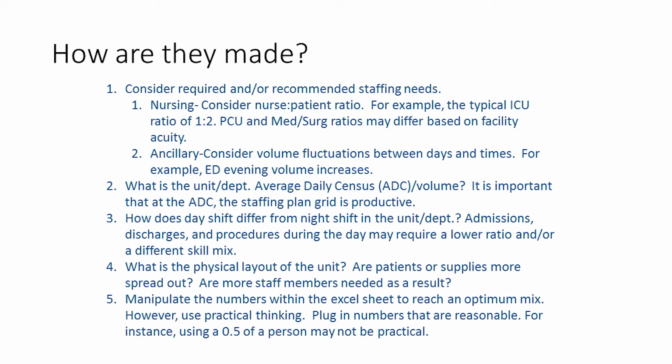It's a great example. An ICU unit may have 1 nurse to 2 patients, while a PCU or a med-surg ratio may be a little bit different based off of the acuity of the patient, 4 to 1 or 5 to 1 patient to nurse ratio.